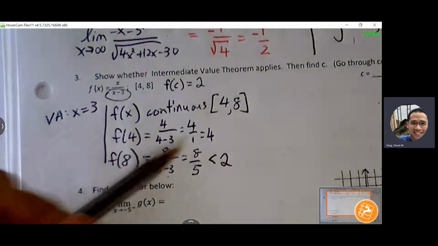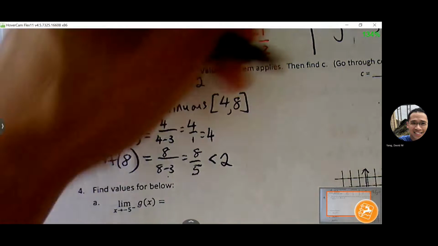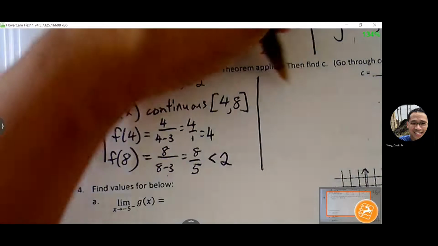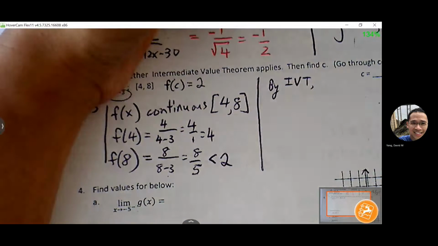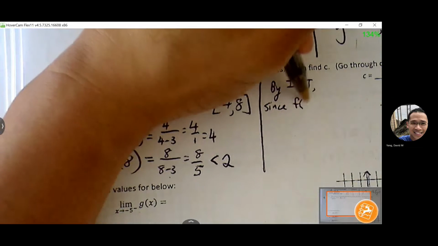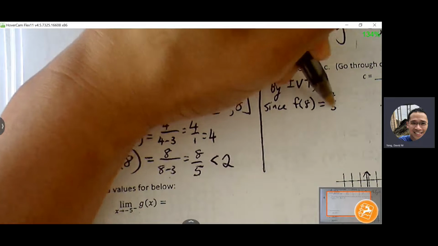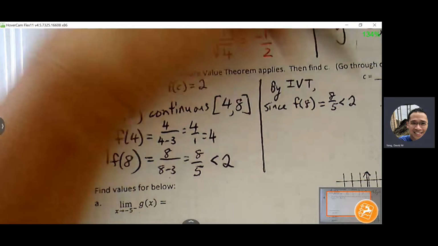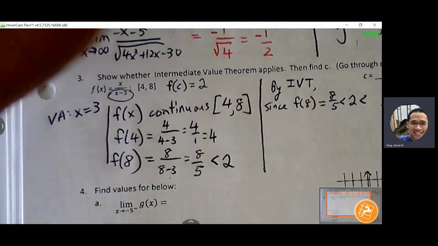So we're safe, right? We have a value above 2 and a value below 2. So we can state our statement. So f of 8 is producing 8/5, which is lower than our target. And then our target is less than my other endpoint.